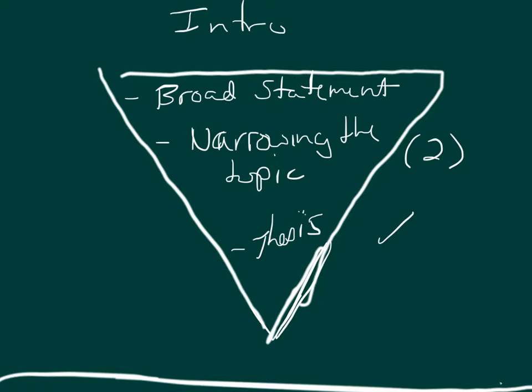You can tweak it a little, but you've got to keep your thesis the same that we talked about. So broad statement, narrowing the topic in one or two sentences to connect the broad topic to the thesis. So the broad statement is connected to the thesis through the narrowing of the topic sentences. Okay? Does that make sense?